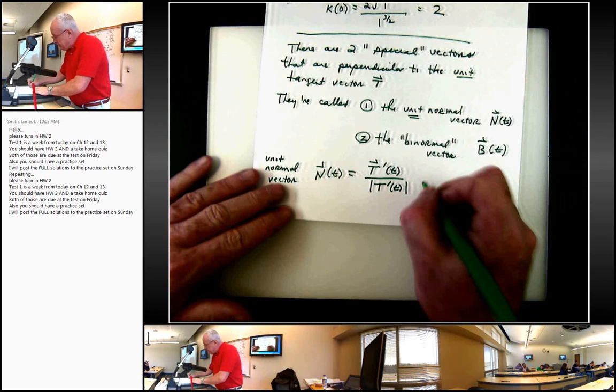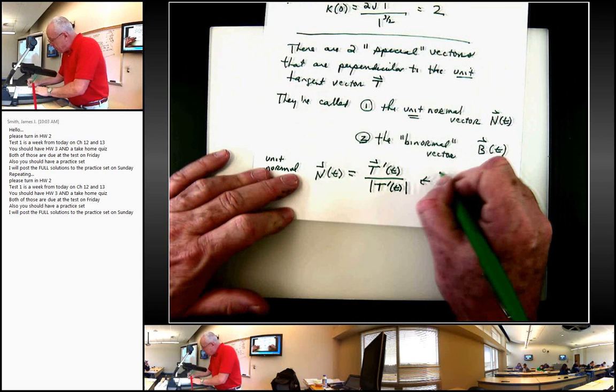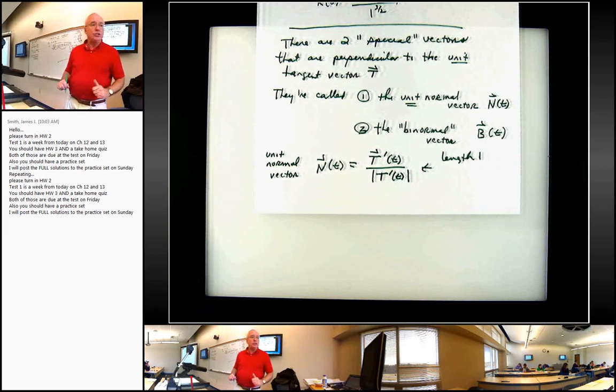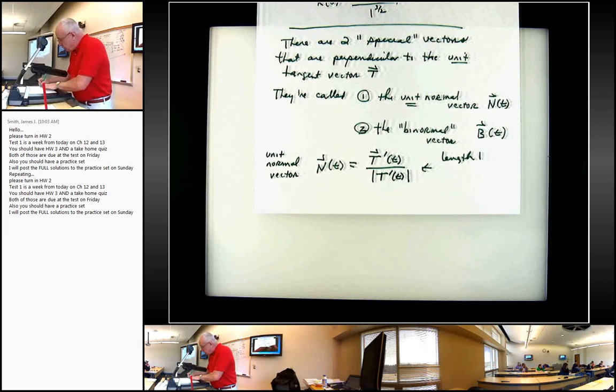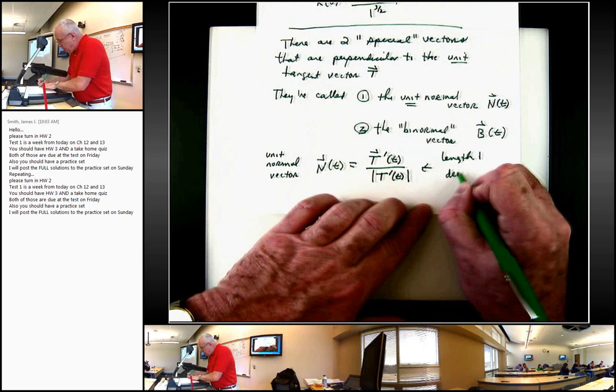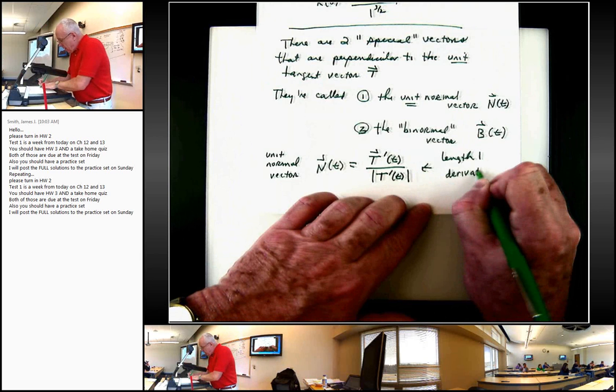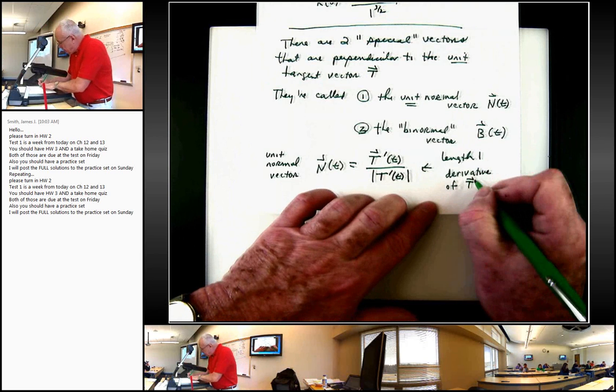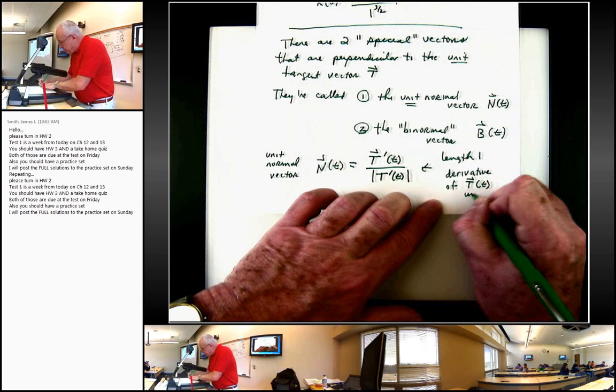So it has length 1 because it's divided by its own magnitude, and it is in the direction of the derivative of the unit tangent vector.